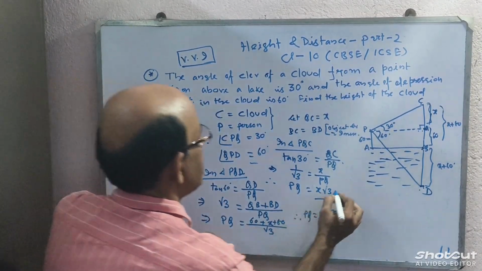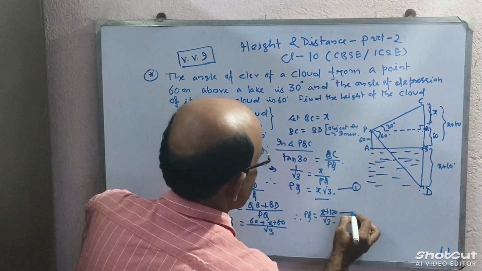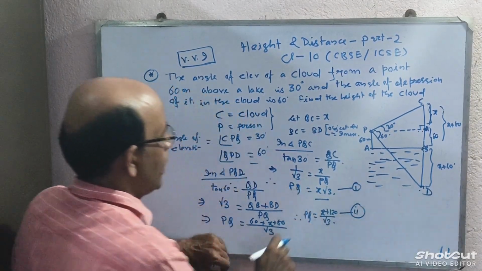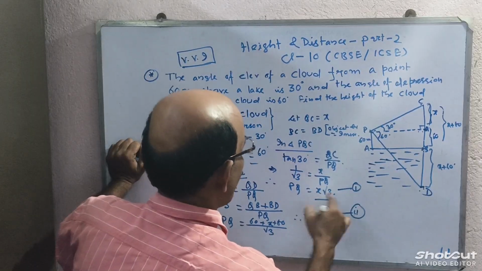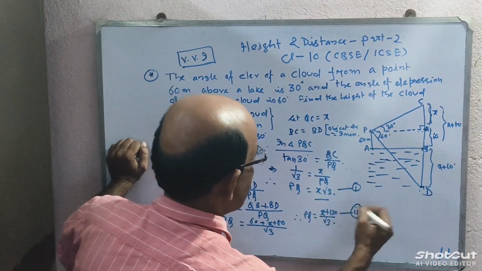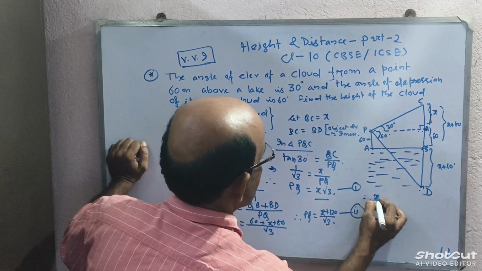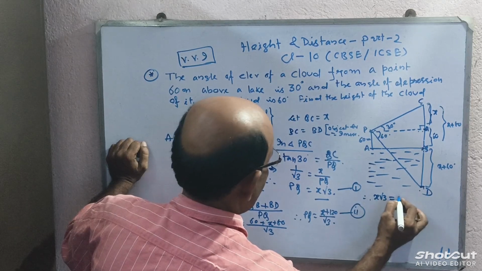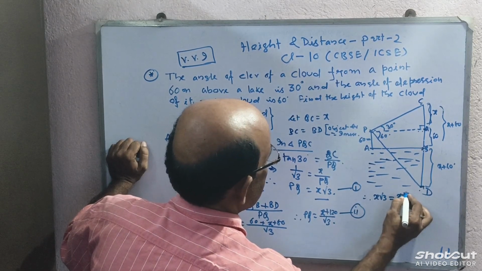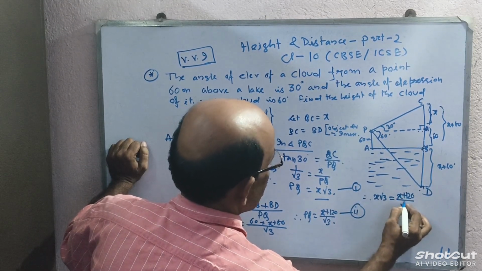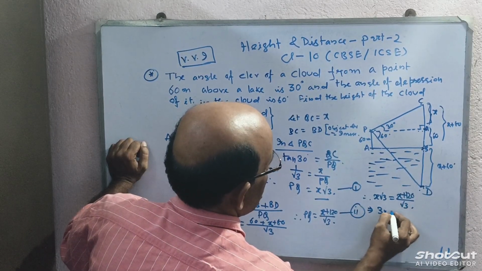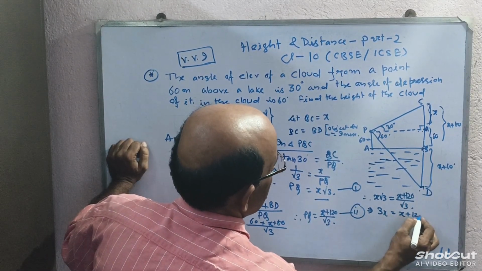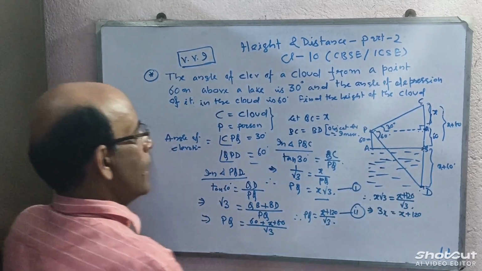Now, comparing these two equations, PQ is equal to x root 3, PQ is equal to x plus 120 by root 3. Therefore, x root 3 is equal to x plus 120 by root 3. Therefore, 3x is equal to x plus 120 by cross multiply.